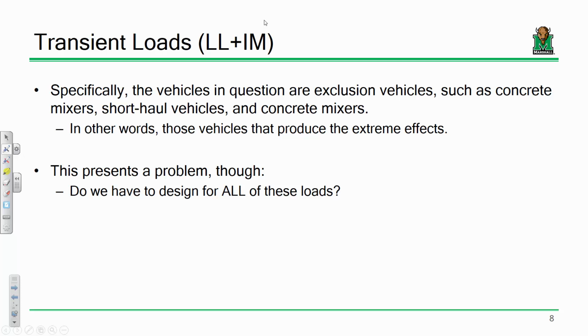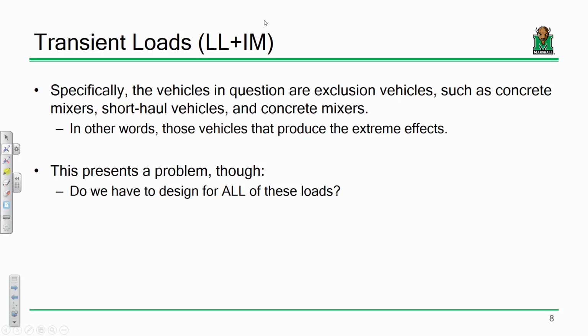When we're talking about vehicular loads on bridges that produce significant impact, the word exclusion vehicles means things like short-haul vehicles, concrete mixers, things like that. Why do I have concrete mixers twice on this slide? I have absolutely no idea. Tanks or something like that, I don't know. So the vehicles that produce worst-case extreme effects. I don't want you to confuse that with extreme events, just significant loads.